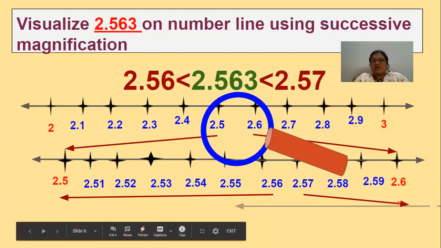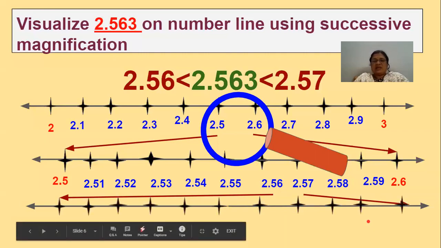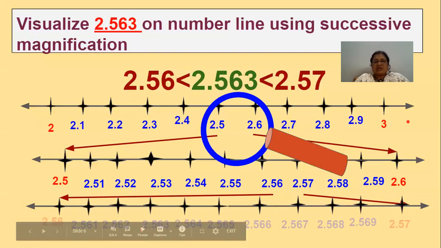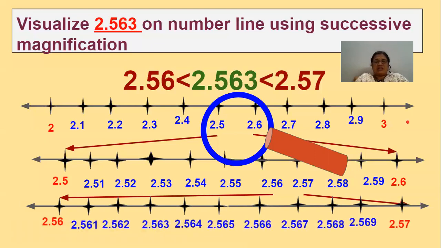One more line I have taken, like this. So these two points I have divided again into 10 equidistant points, and I'll mark the points like this and visualize the number.